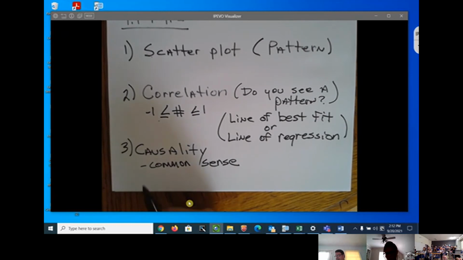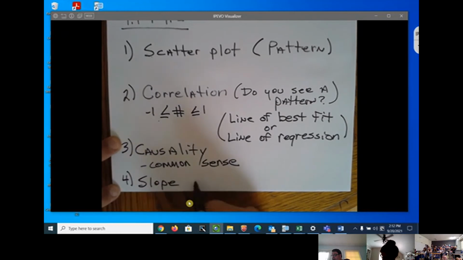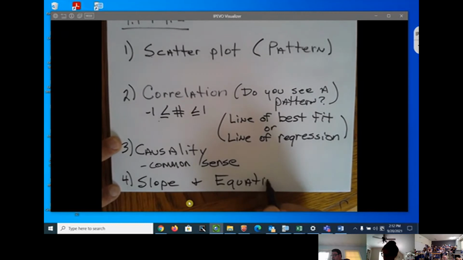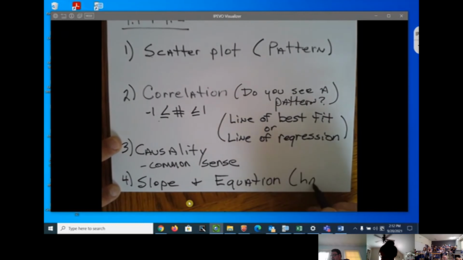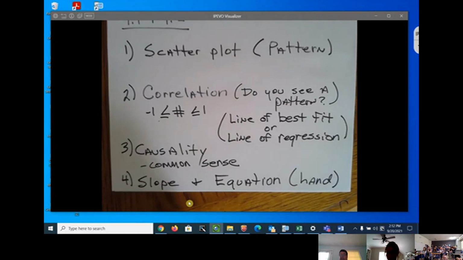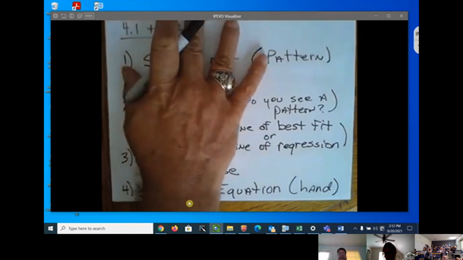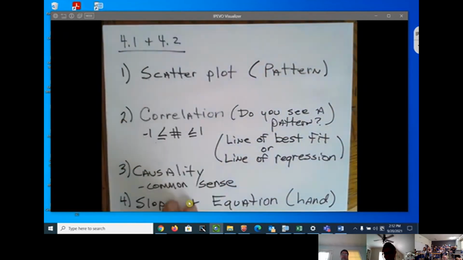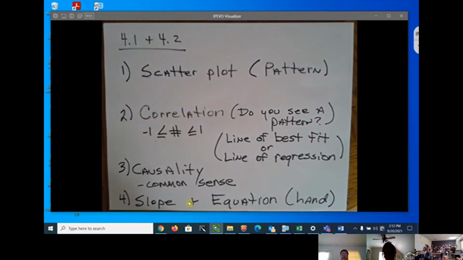Common sense. And then 4, slope, and find an equation. And that you will do by hand. Now those are the 4 things that you will be tested on in 4.1 and 4.2.